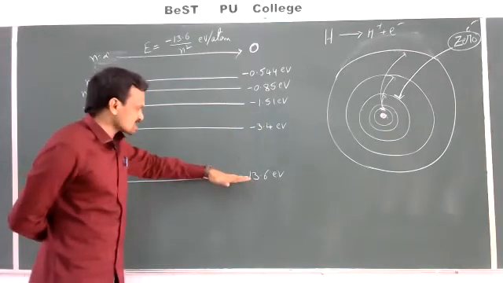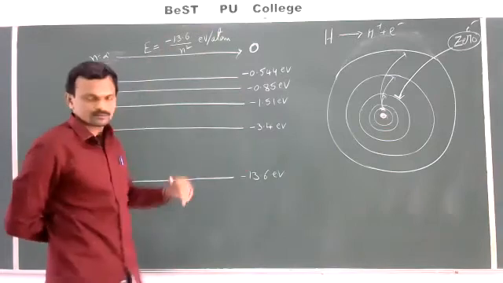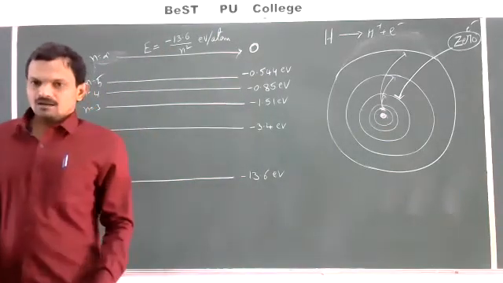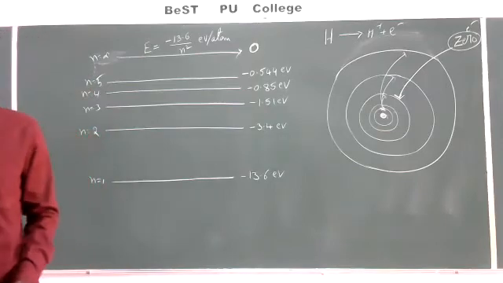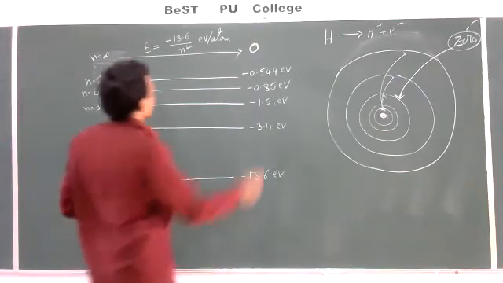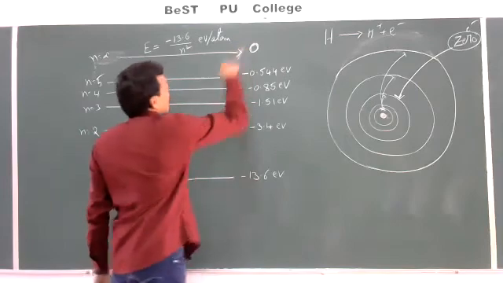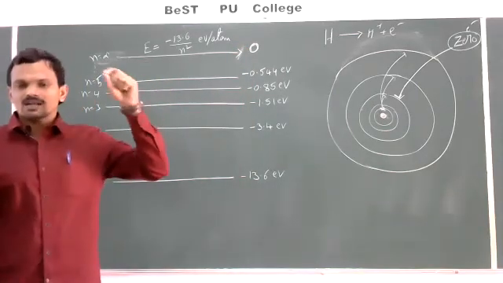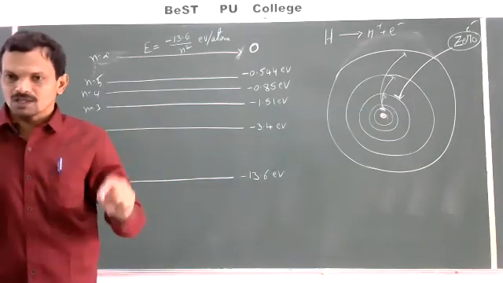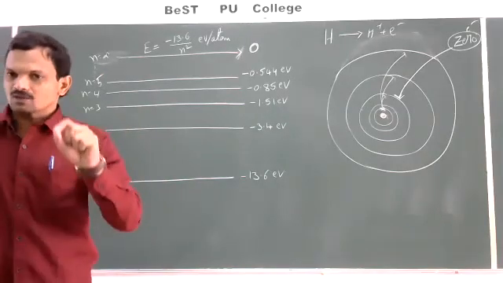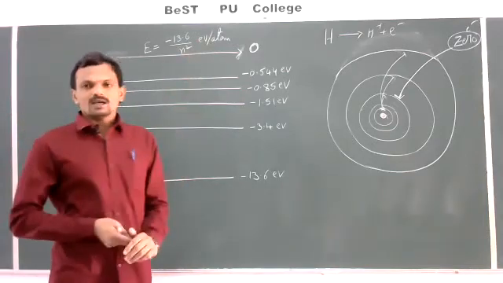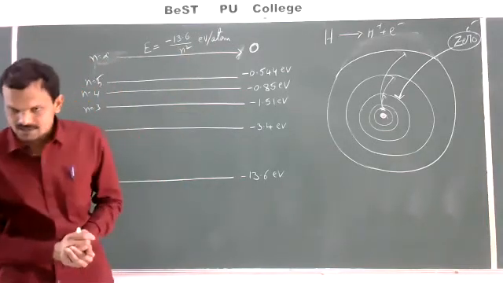So as the orbit number increases, the energy of the orbit increases. If the orbit number is infinity, then the energy of the electron is 0. That means whenever the energy of an electron is equal to 0, the atom is said to be ionized, that is, the electron is present at infinite distance.